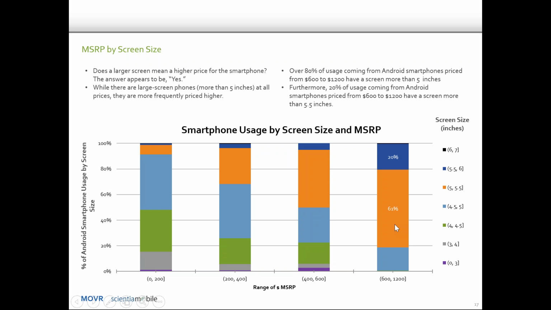So looking over here at the 600 to 1200 range, over 80% of the usage that we see is from phones that have a screen size of 5 inches or larger. It is interesting to note, though, that even across some of the smaller phones, or the less expensive priced phones, there are large screens. So I think that's starting to seep down, and larger phones are becoming more common.